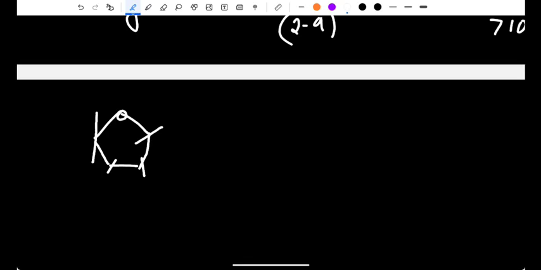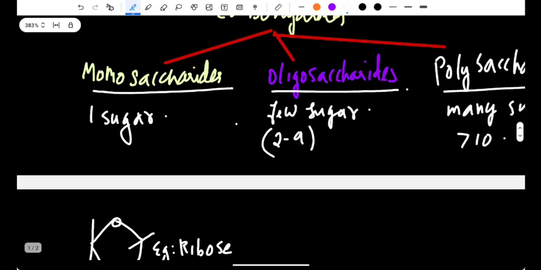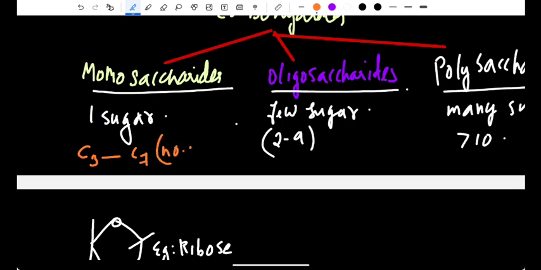So 5 carbons. Ribose, a pentose sugar, is an example of a monosaccharide, where only one sugar is present. Based on the carbon number, the minimum is always 3, so C3 to C7 carbons will be present in the monosaccharide.